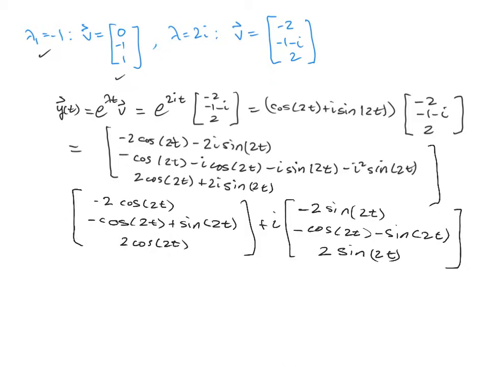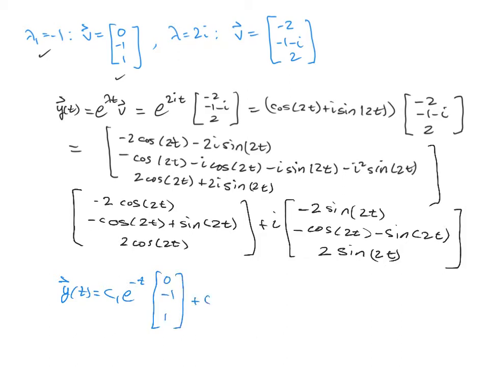So let's go through and find that general solution. It's going to have our first arbitrary constant c1 times e to the lambda t, which is -t, times the eigenvector 0, -1, 1.